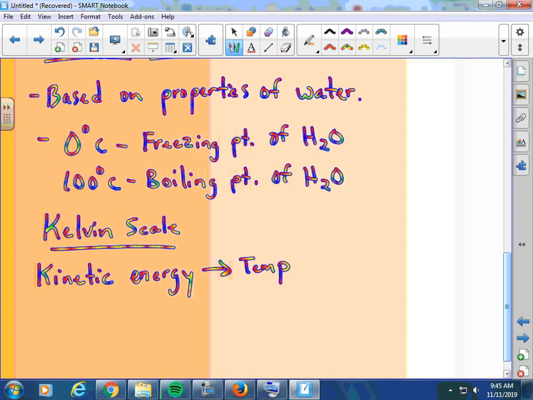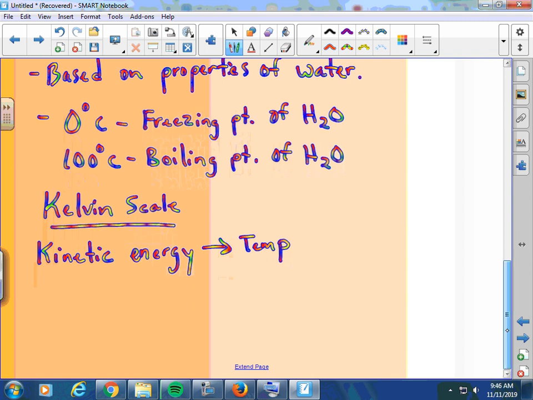If something has the lowest possible kinetic energy, and kinetic energy means moving of particles, what's the lowest you could possibly get in terms of motion? So slow, slow, slow, slow, slow that there's just no motion, right, Jade? Thank you. So this scale is made to represent the lowest possible temperature, which they call 0 Kelvin.